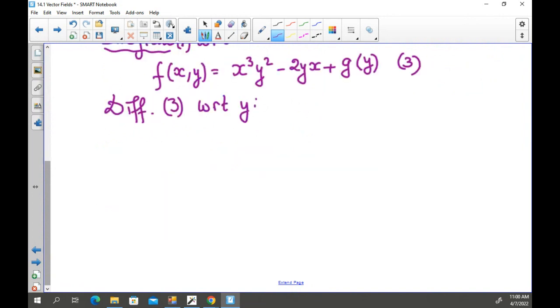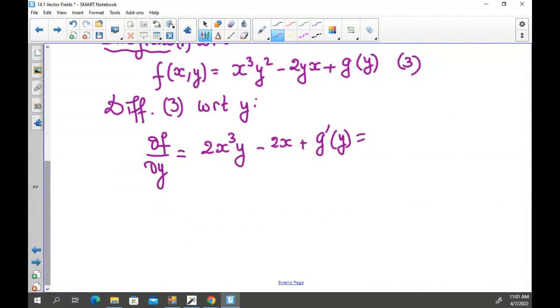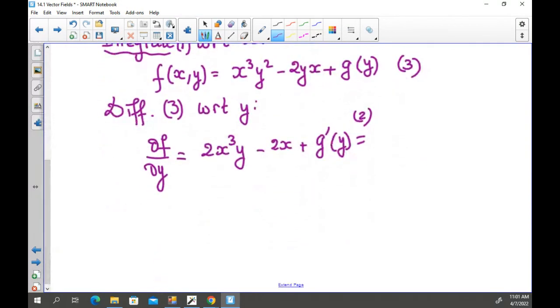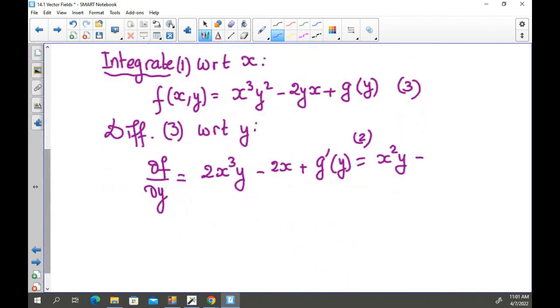Okay, now we want df over dy with respect to y, so 2x cubed y minus, plus the derivative of the function g, and this, according to 2, should be equal to x squared y minus 2x. And I think we have a problem here.